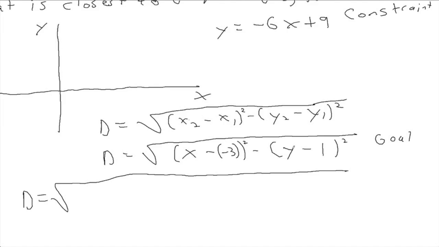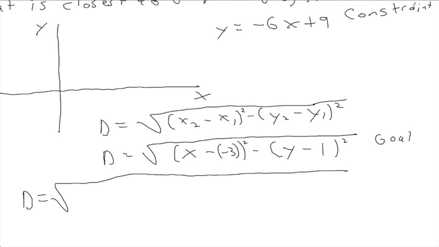Right now we have an x and a y in our goal function, but we've seen on the earlier problems we're not going to be able to proceed until we get rid of one of those variables. So what did we do on the previous problems to get rid of one of the variables?